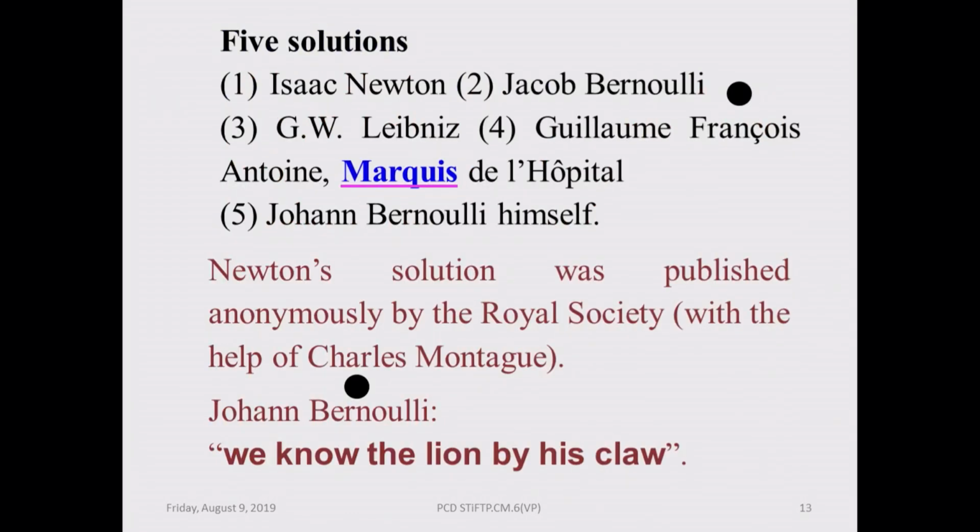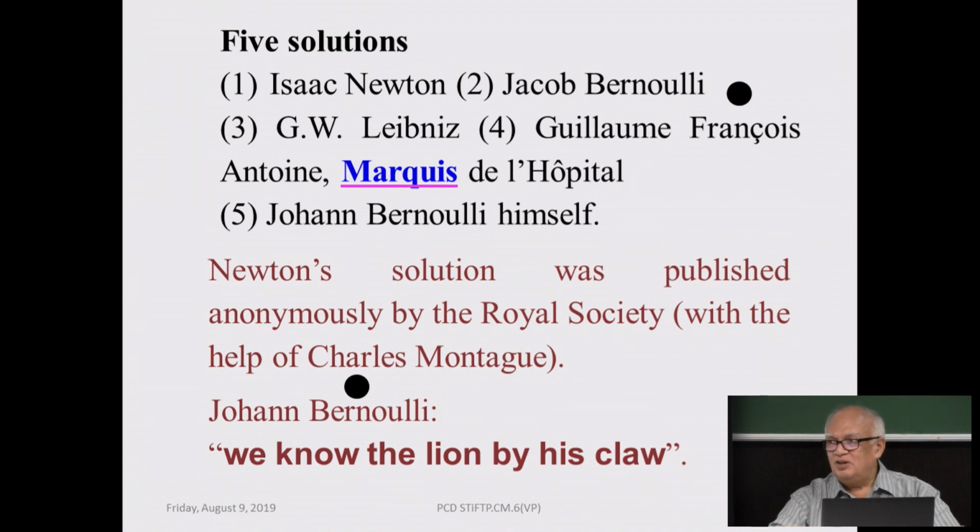And there were 5 solutions which were offered to this problem. One was by Isaac Newton, then by Jacob Bernoulli, who was a brother of this Bernoulli. When you talk about Bernoulli, there are so many Bernoullis in 3-4 different generations. Some sons, cousins, nephews, and so on. And all of them were brilliant. So it was an extremely brilliant family. And then there was a solution offered by Leibniz, by L'Hospital.